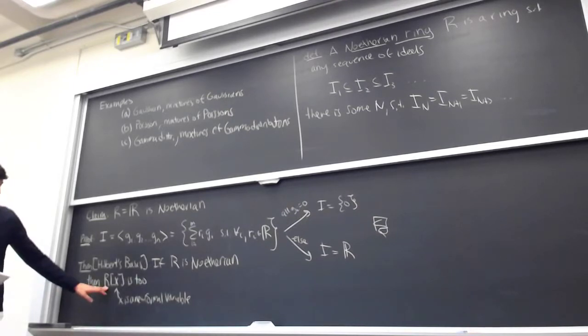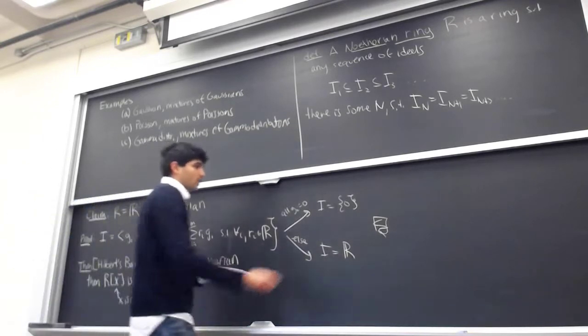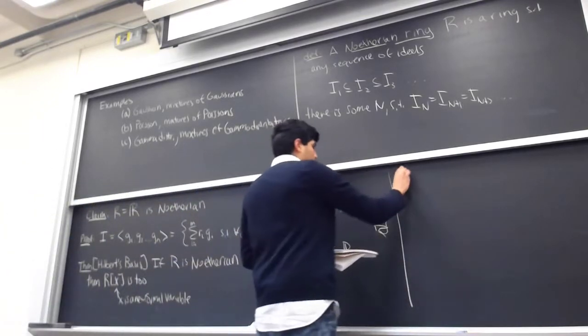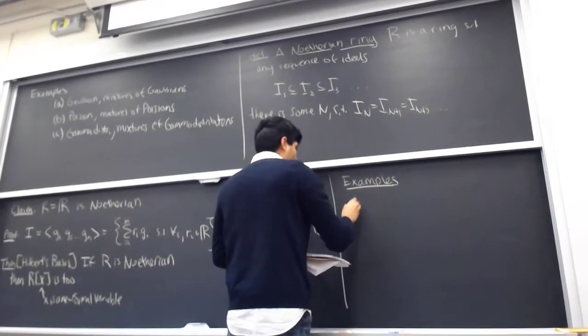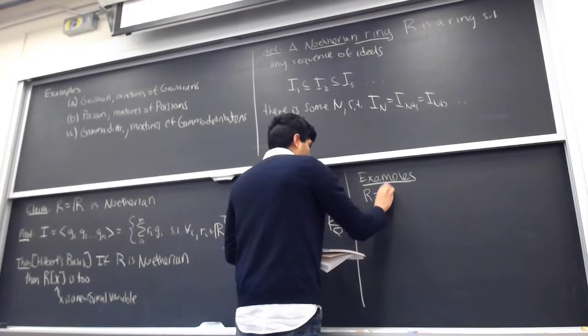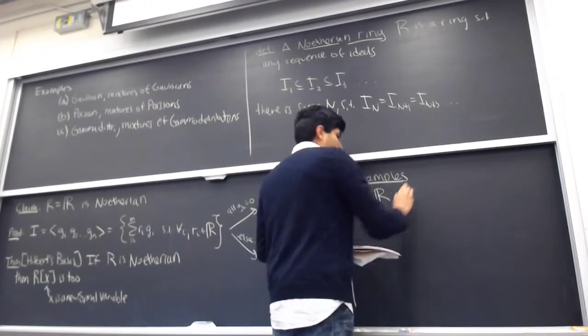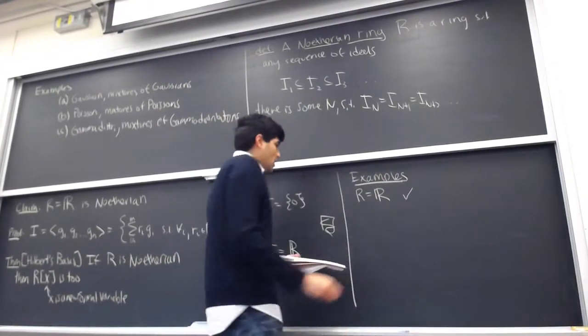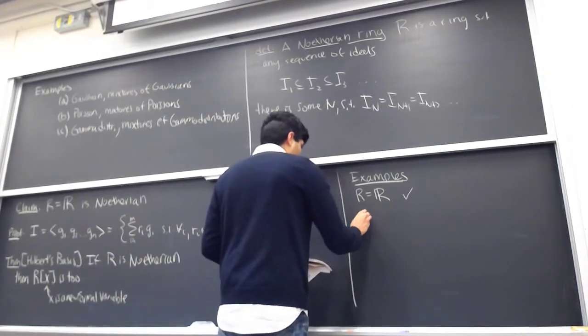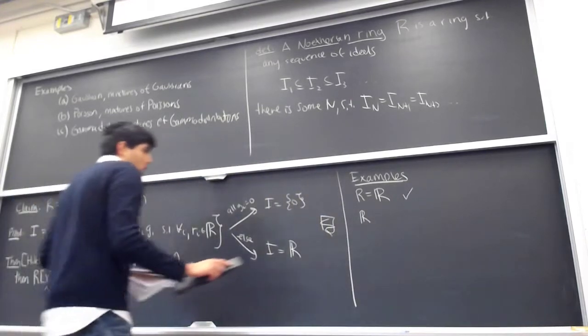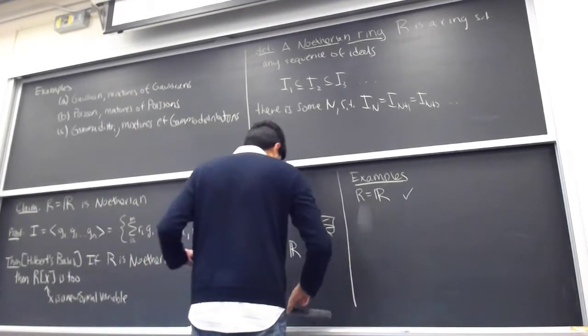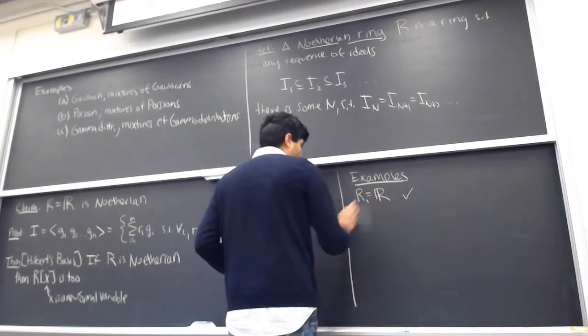Yes, so what you would do is, let's try out some examples. So we know when we choose this ring, it's Noetherian. Now, one other thing that we can do is we can look at, let me call this ring 1.